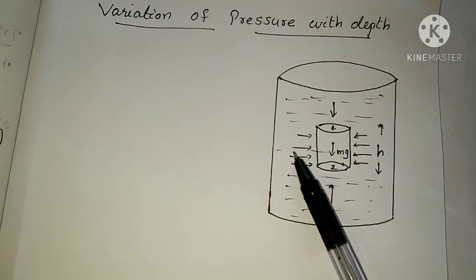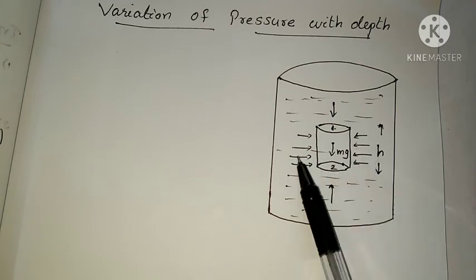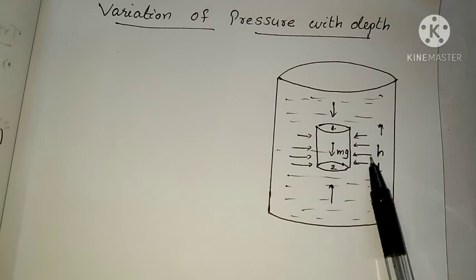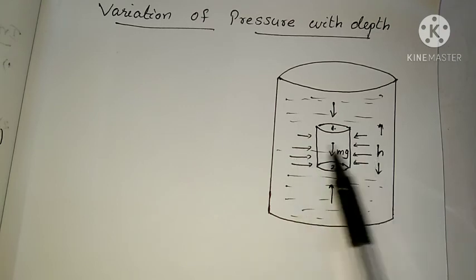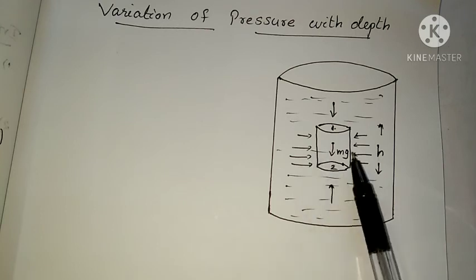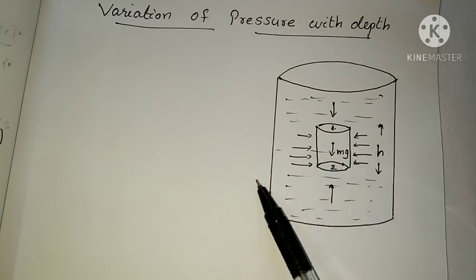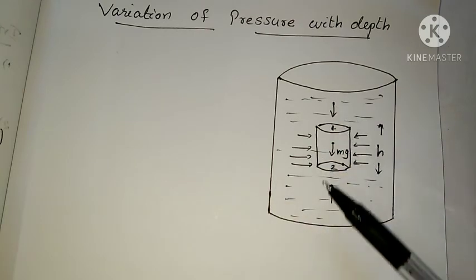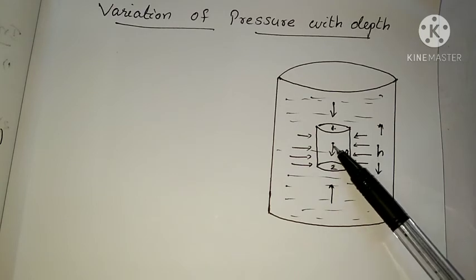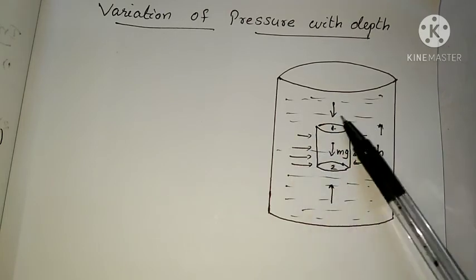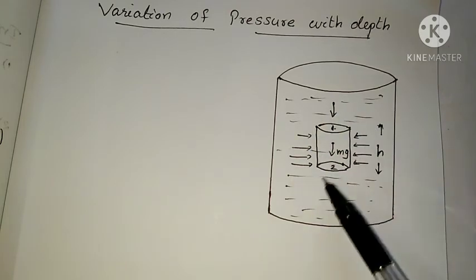The horizontal forces exerted on the fluid at the two ends are equal and opposite, so they must be 0. Then the vertical forces exerted on the fluid element must be equal to the weight of the fluid element. Why is the fluid at rest?